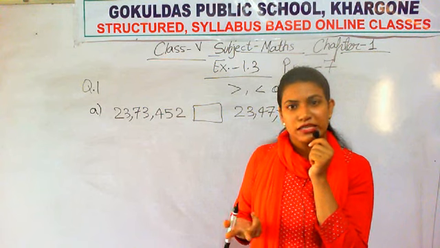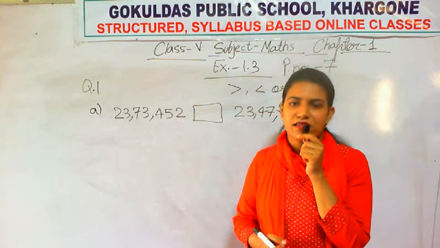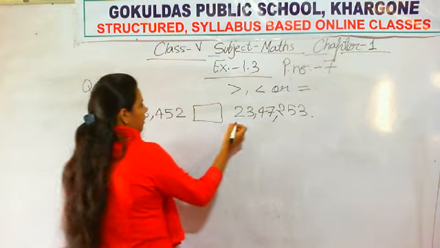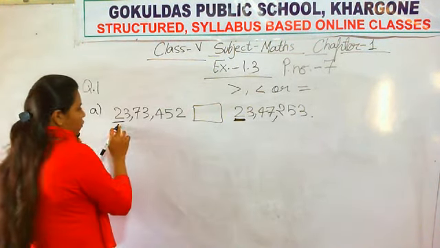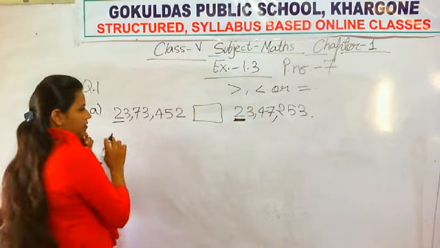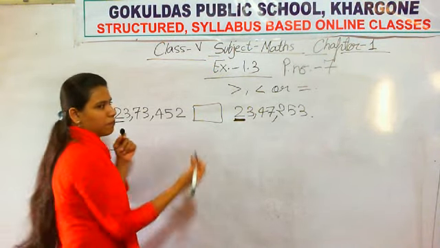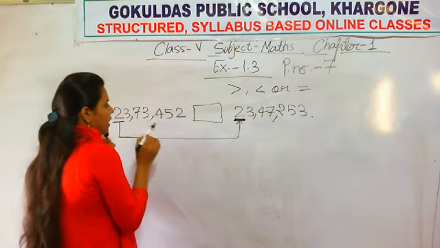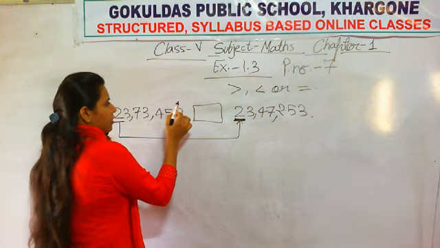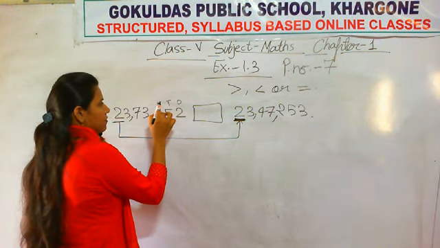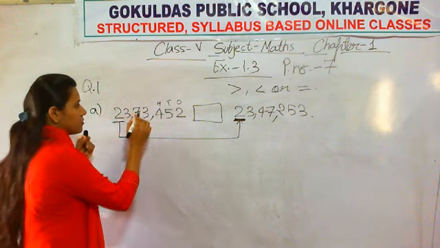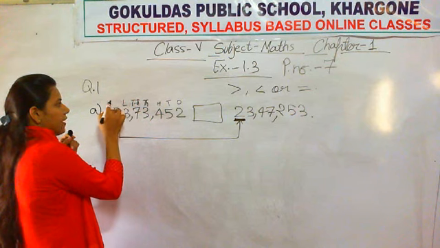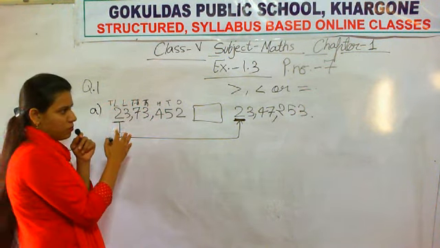Now come to the second rule. The second rule says to compare the digits at the highest place values. Here the digits are at ones, tens, hundreds, thousands, 10,000s, lakhs, and 10 lakhs place.